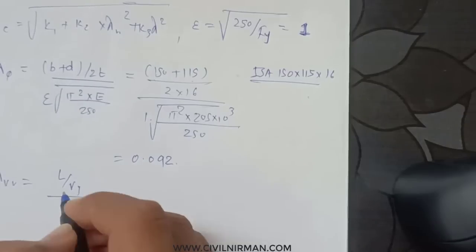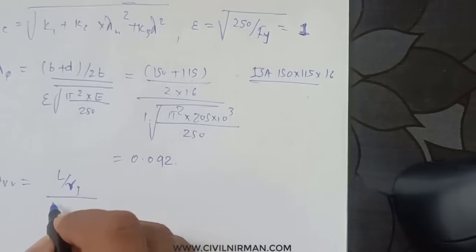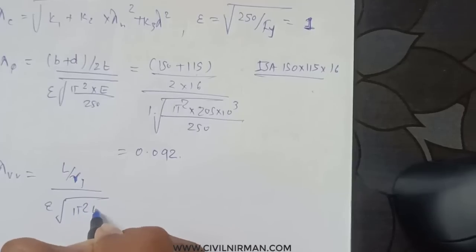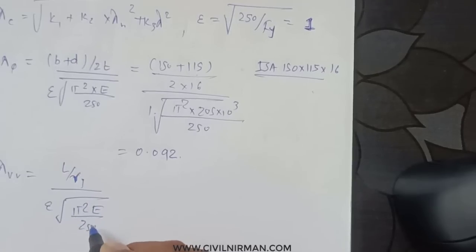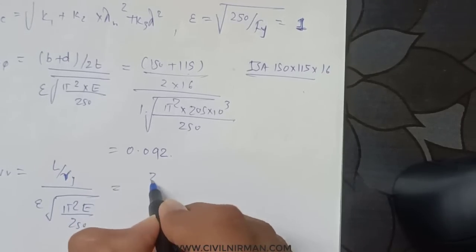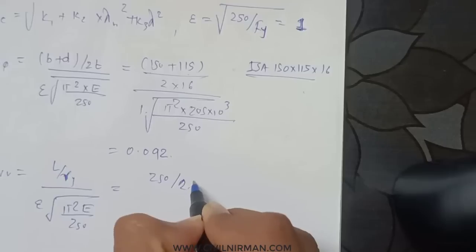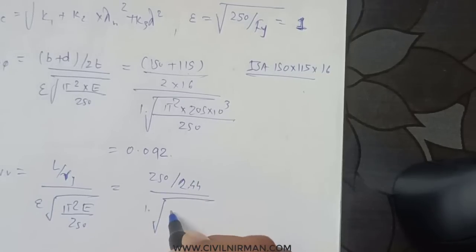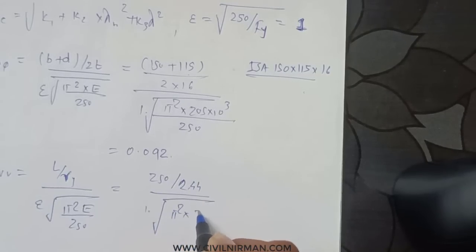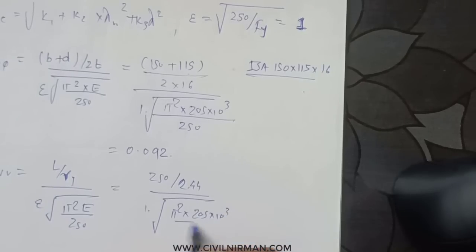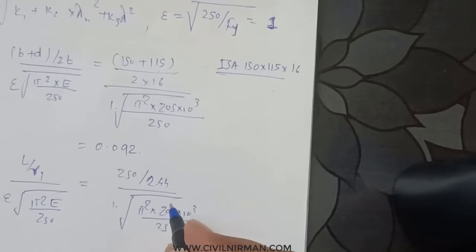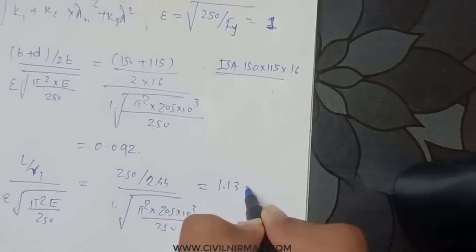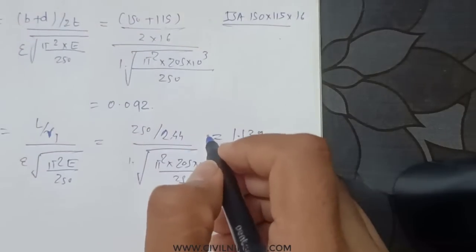This is your radius of gyration, epsilon π² E divided by 250, 250 divided by 2.44. Ultimately I am getting π² into 205 into 10 raised to 3 divided by 250. So I'm getting this particular value as 1.139. So let's just work out the total value.